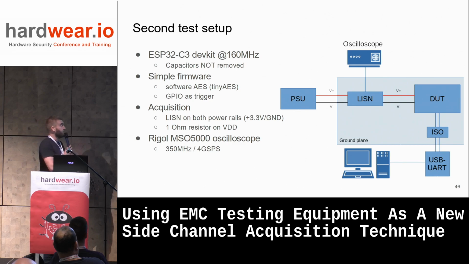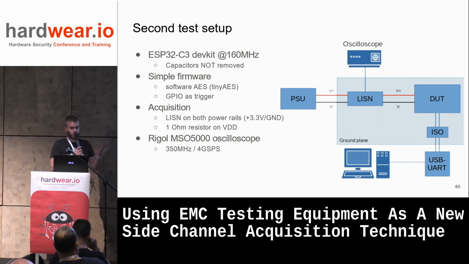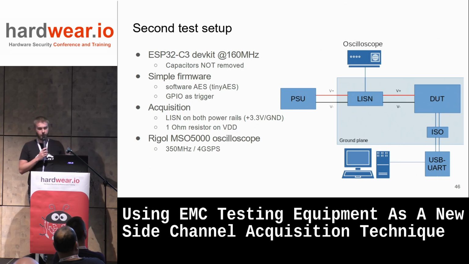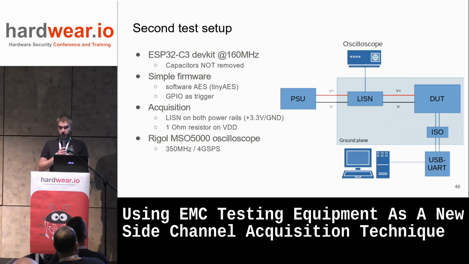So I did another setup, which looks quite the same. The only difference is that I used an ESP32 dev kit, and this time I did not remove any capacitances or anything. It was just out of the box placed on my setup. I used a different firmware.